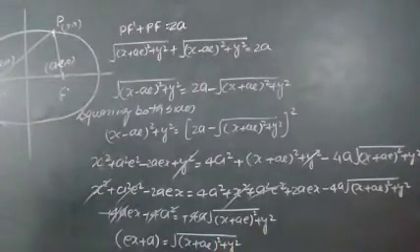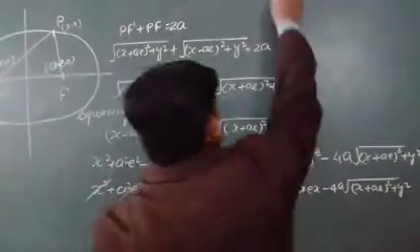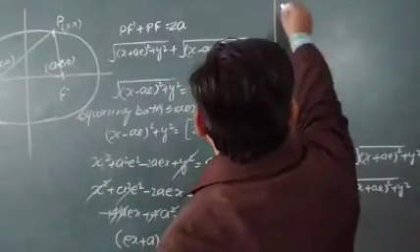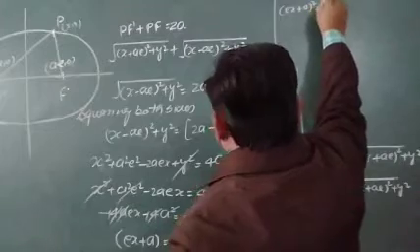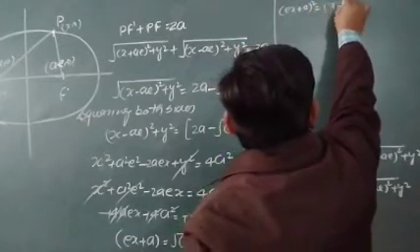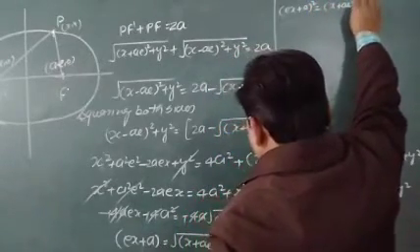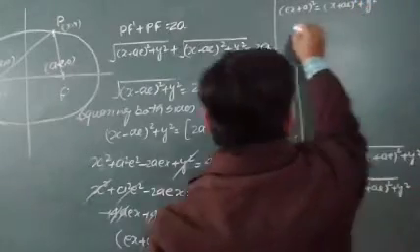When I square both sides again, again I am facing a problem of space here. You can see when I square both sides, ex plus a the whole square is equal to x plus a e the whole square plus y square.